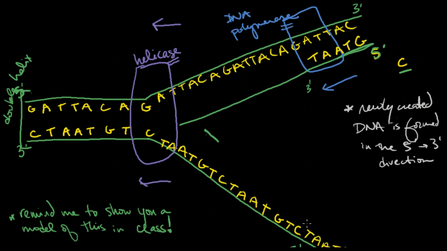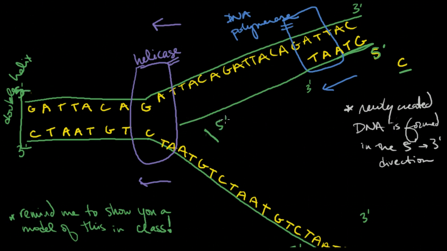Now, what's interesting is on the other strand, we've got a 3' end here and a 5' end here, which means that this down here would be the 3' end, and this would be the 5' end.